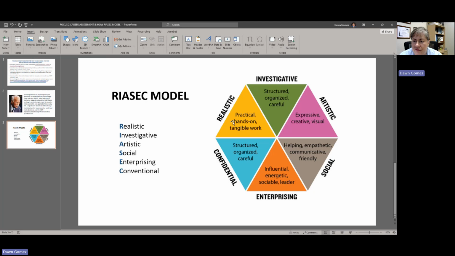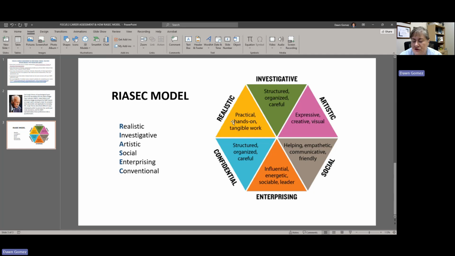And this is called the performers because they like to do work that allows them freedom, mobility, and they like to do careers that allow them to express themselves. The occupations in this cluster would be everything from actor to writer and everything in between.